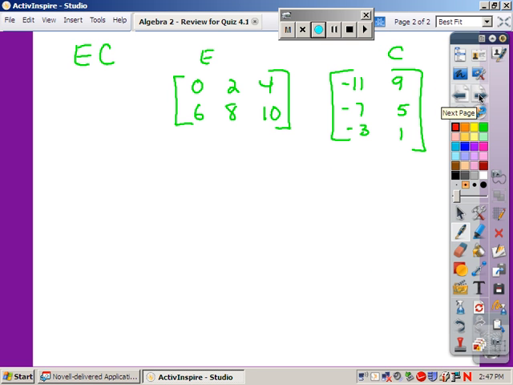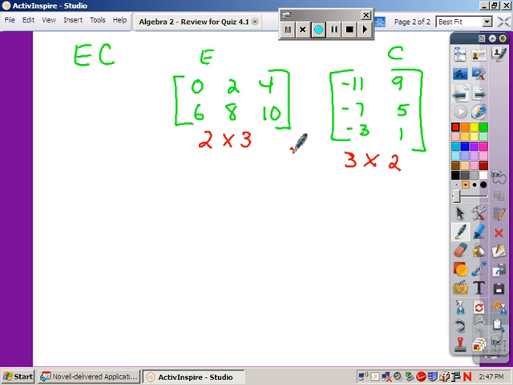So multiplying is maybe a little bit more complicated because you have to know the dimensions of each thing to determine whether or not you can multiply. So this one is 2 rows and 3 columns. This one is 3 rows and 2 columns. So we're saying, can you multiply E times C?